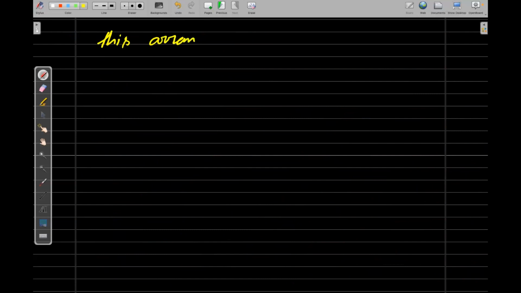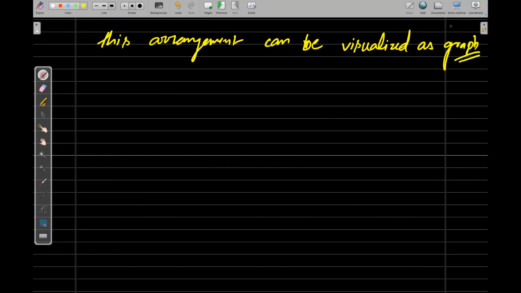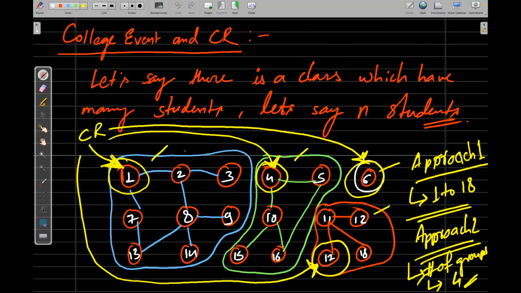This arrangement can be visualized as a graph. You'll say why? Then I'll say why not? Because what does a graph have?